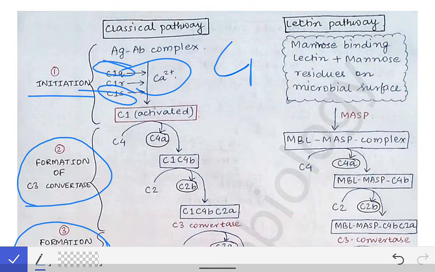Due to the presence of that C1s component of the C1 complement protein, there is breaking of the C4 complement protein.